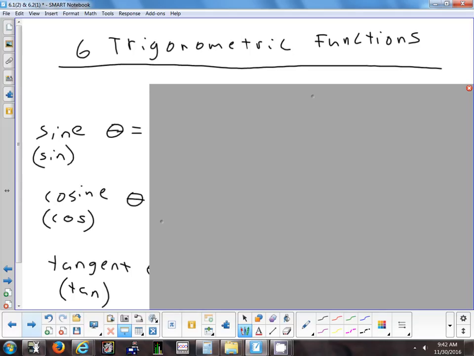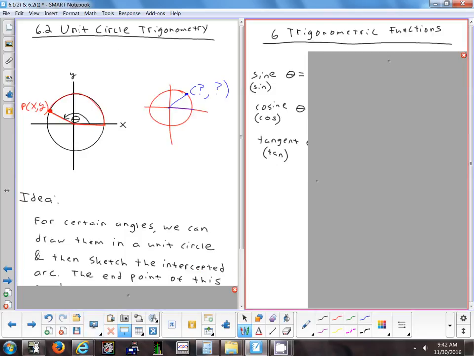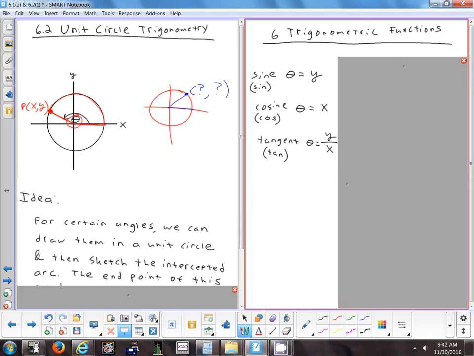All right, so this is the first time we've seen the trig functions in this class. The 3 basic ones are sine, cosine, and tangent, and I wrote their abbreviations underneath. If you want to find the sine of this angle, as long as you know the coordinate, all you really need for the sine is the y value.